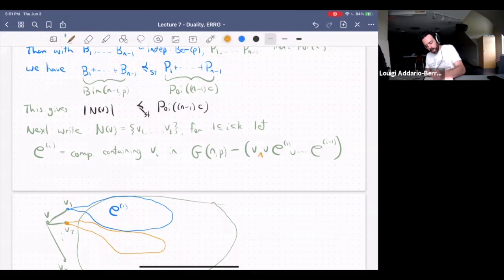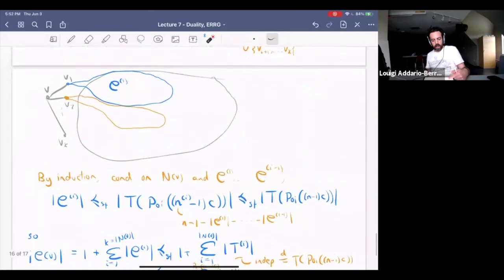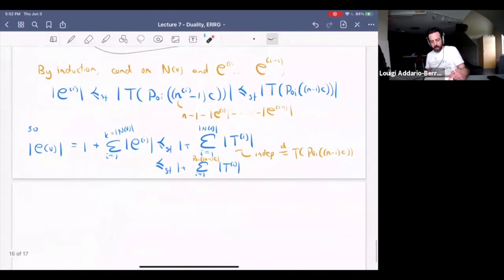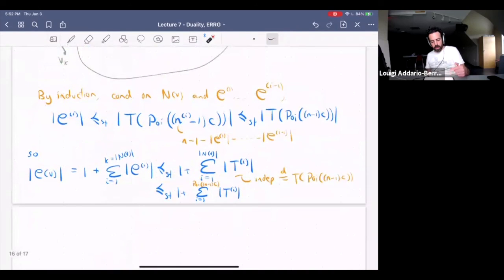I think it would have made sense to also exclude v_1 up to, well, maybe v_{i+1} up to v_k. I don't want to exclude v_1 from its own component, so I'd better start at v_2. Yeah, I think that probably fixes it.